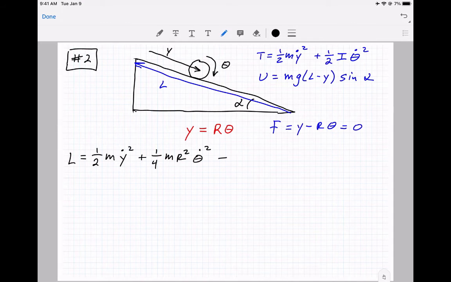Then I have minus mg, because I'm subtracting off the potential, times (L minus y) sine alpha. All right, so there's my Lagrangian.